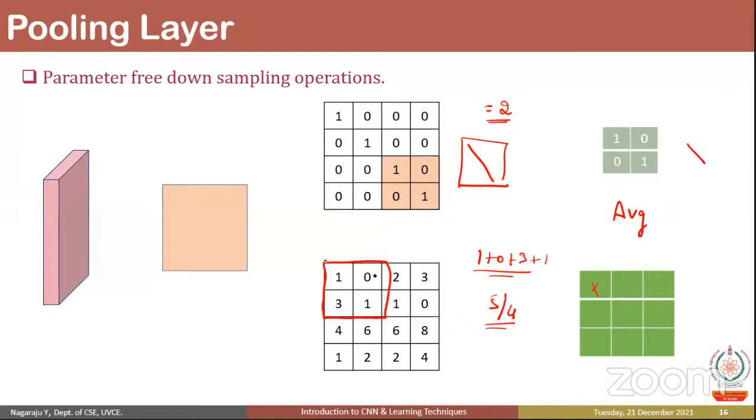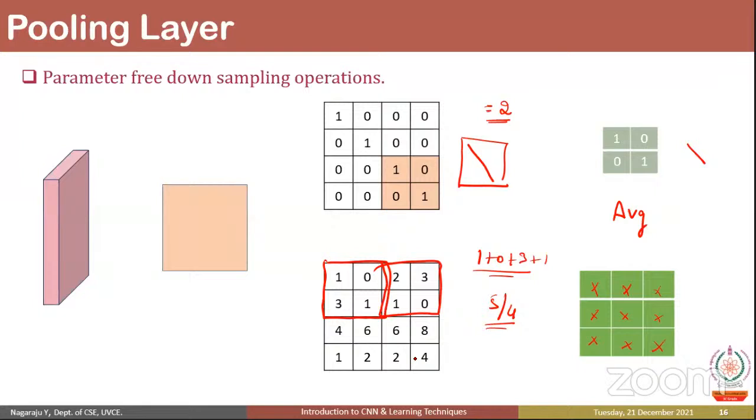And again, we move our filter to here. Again, we take this and we update here. The same thing. If the stride is 2, we are going to get a 2x2 image. If the stride is 1, then we are going to get a 3x3 image. It's as simple as that. It depends on the stride and on the size of the kernel, or the filter, we are using.